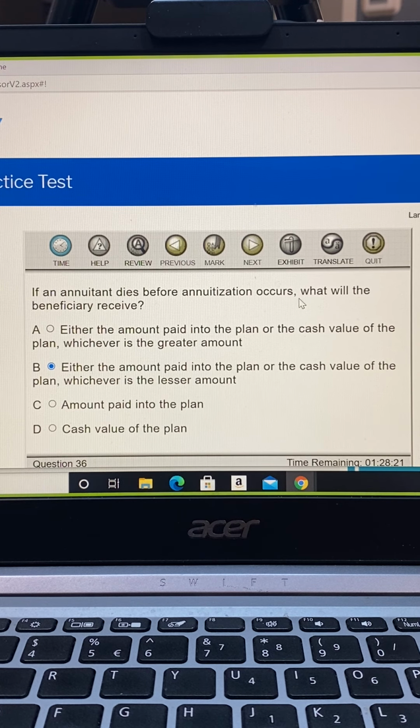No. If the annuitant dies before annuitization occurs, meaning they haven't taken any money out, the answer is A, whichever is greater. Before annuitization is when they start withdrawing money. Yeah, I remember that from my notes now, from the notes I took off of your video. So if they haven't withdrawn any money, the cash value has grown, so they're going to get the greater of the two. Right.